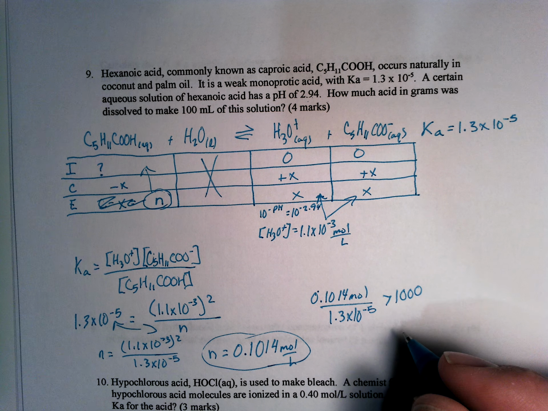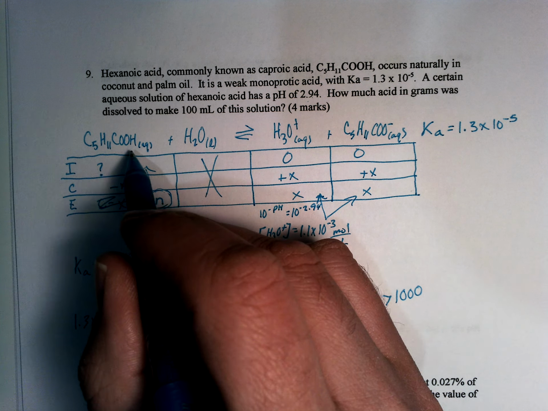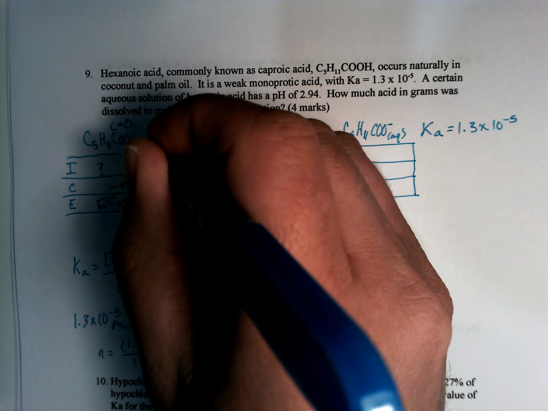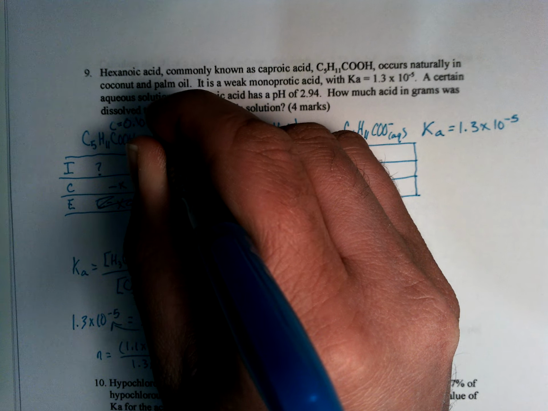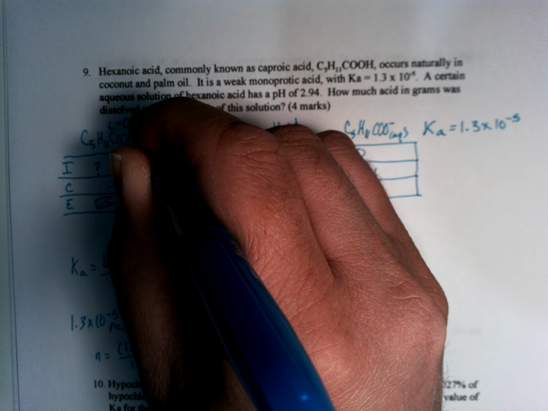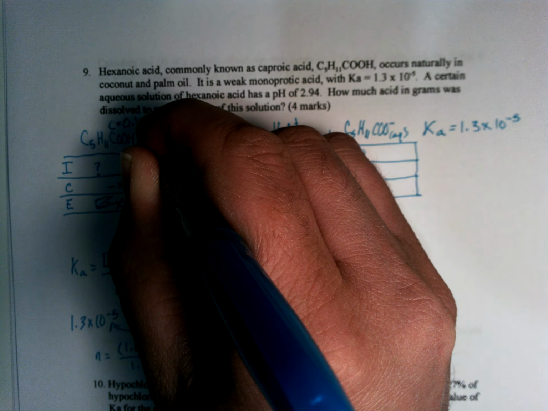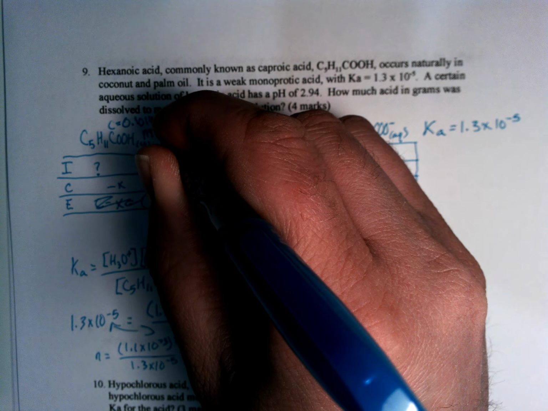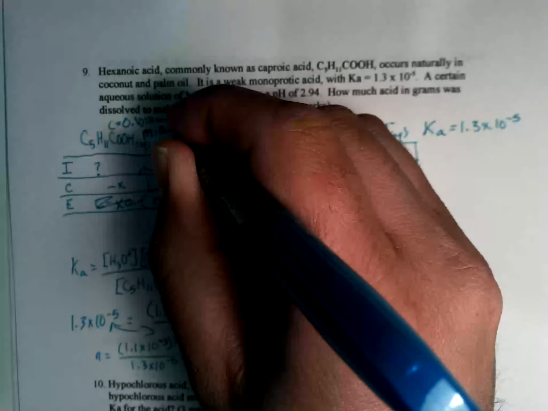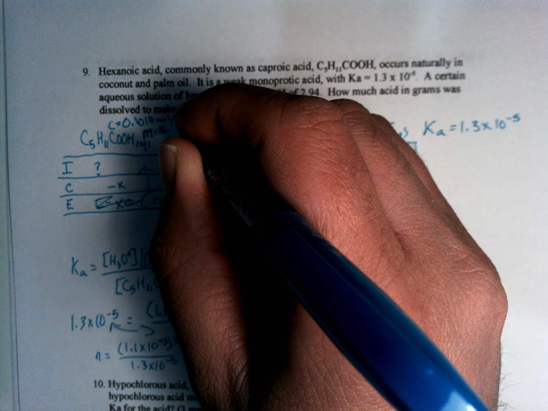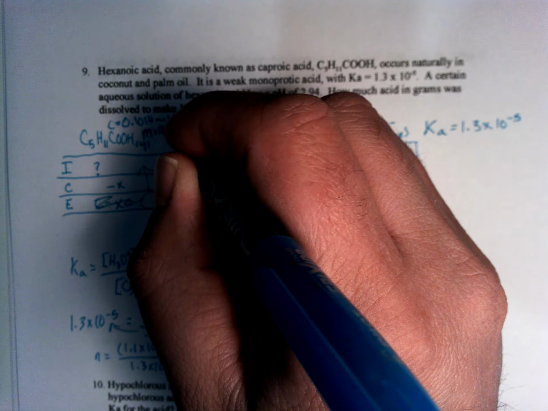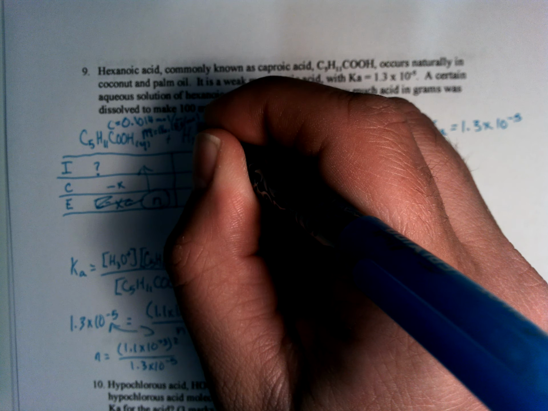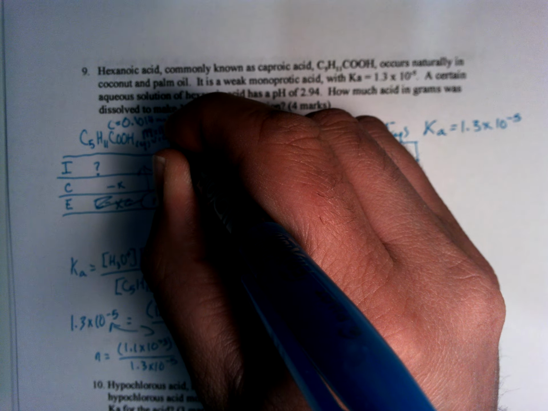Now we're going to use stoich to solve for this. We know our concentration is equal to 0.1014. We can find our molar mass, which is 116.18 grams per mole, and we also know our volume is 0.1 liters.